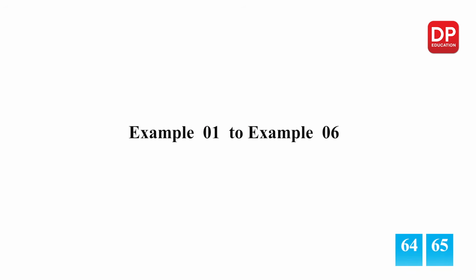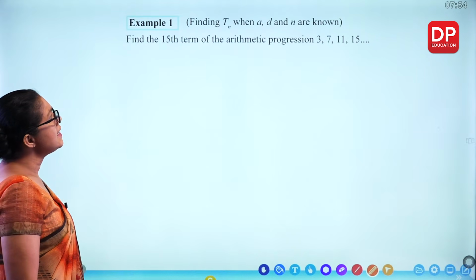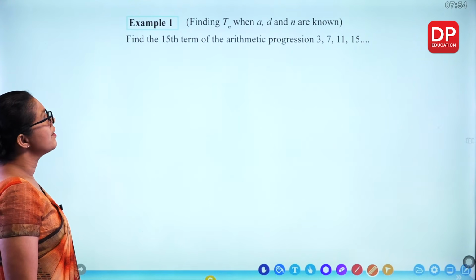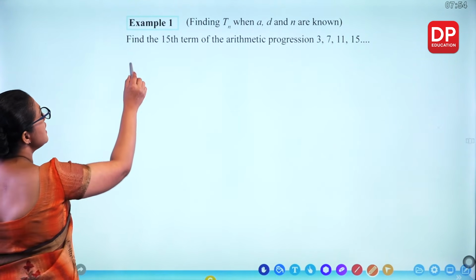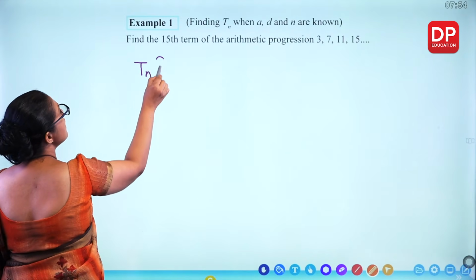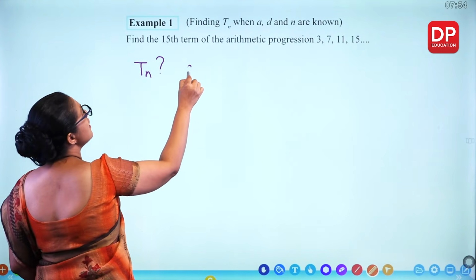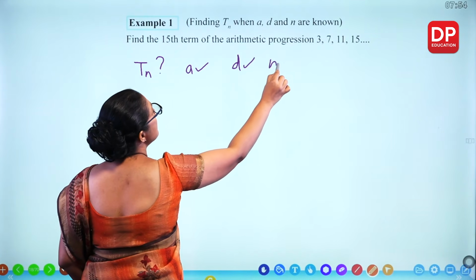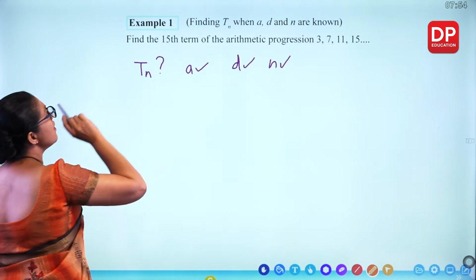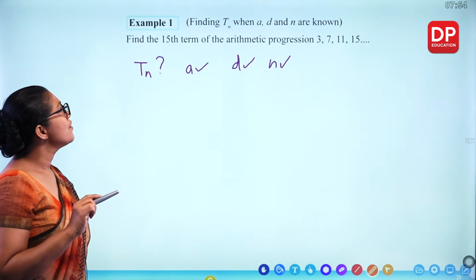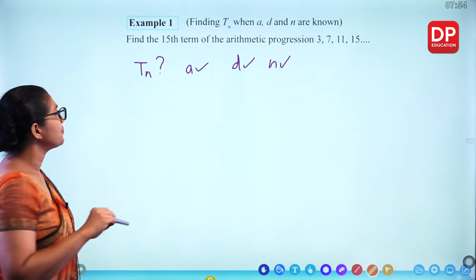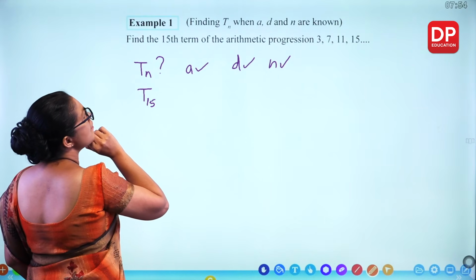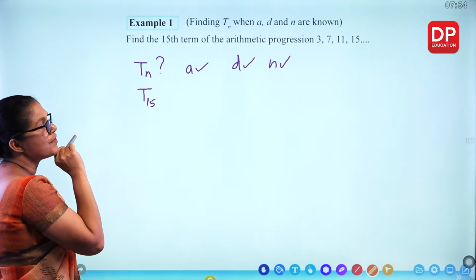Example number 1, finding Tn when A, D and N are known. So Tn we need to find out. A, D, N known. You are asked to find out the 15th term, T15, for the arithmetic progression of this.